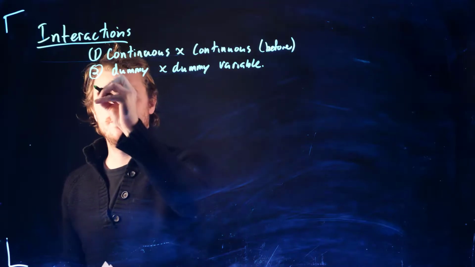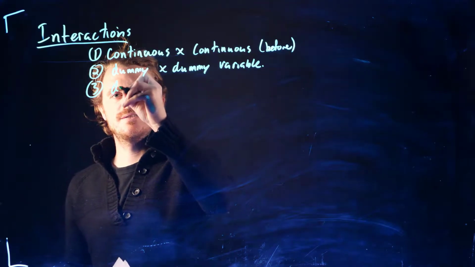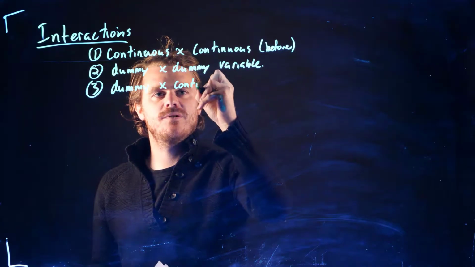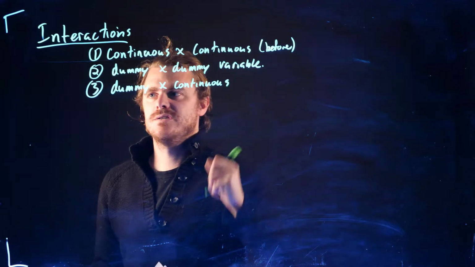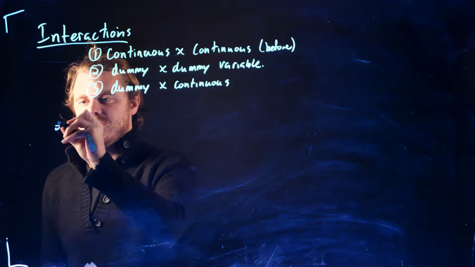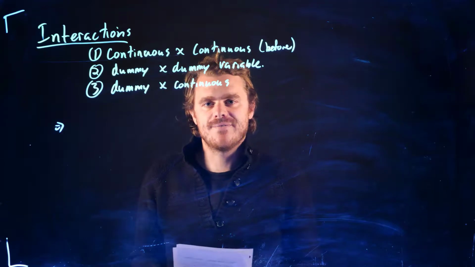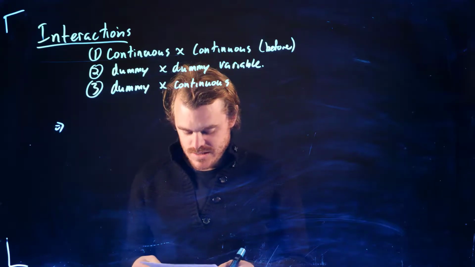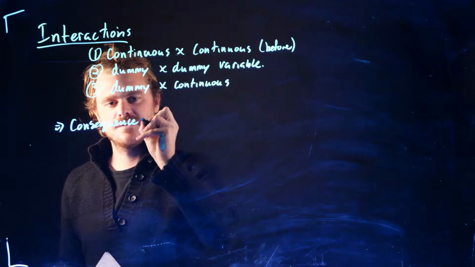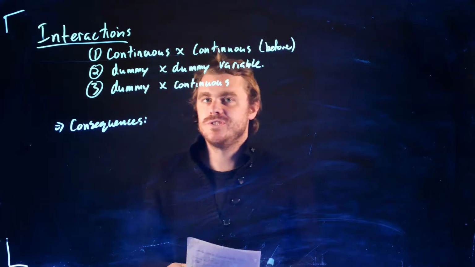So that's something new. And the third one is a dummy variable times a continuous variable. So these second two are situations we haven't seen before. Let's talk about what these would do.